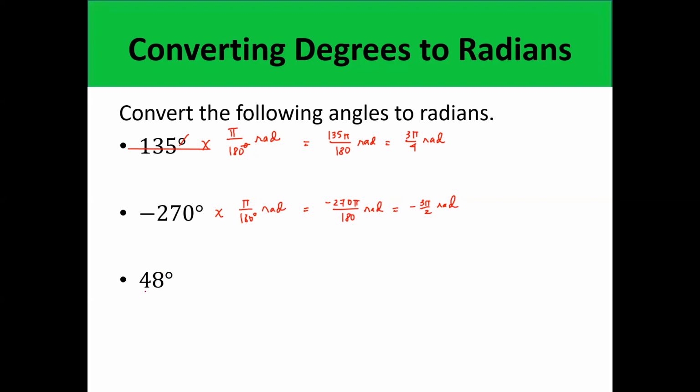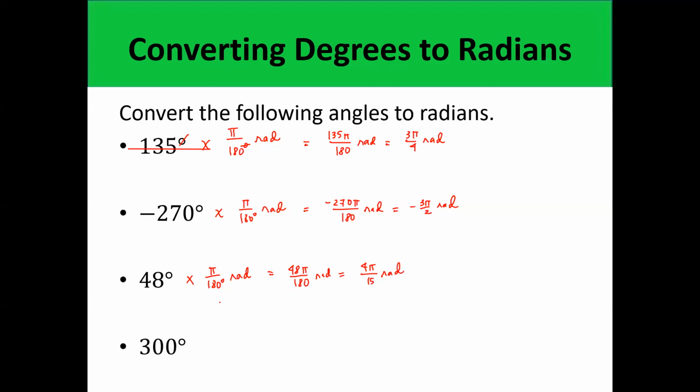Another example would be 48 degrees. Just like in the previous two items, we multiply this by pi over 180 radians. So this will give us 48 pi over 180 radians, which is equivalent to 4 pi over 15 radians.